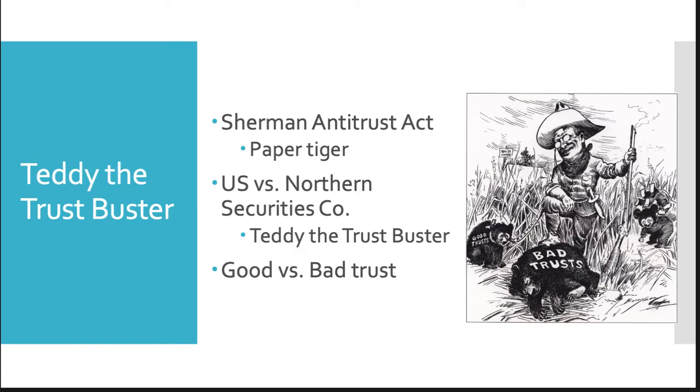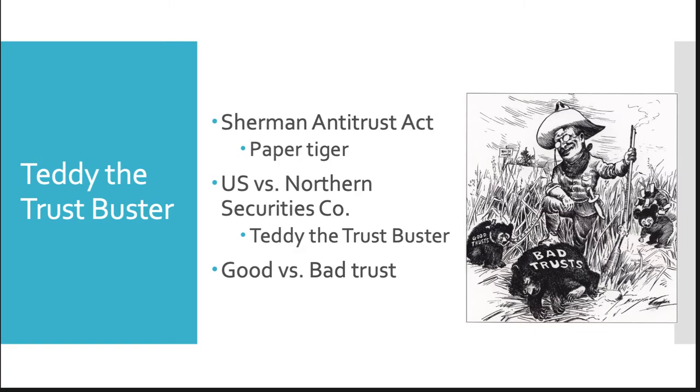On top of this, the Supreme Courts typically sided with big business throughout these skirmishes between big business and the workers. The Supreme Court typically would take the side of big business. We saw that in the case of In re Debs, where the Supreme Court upheld the government's intervention in these labor strikes.